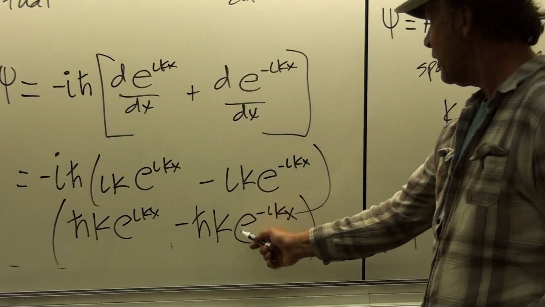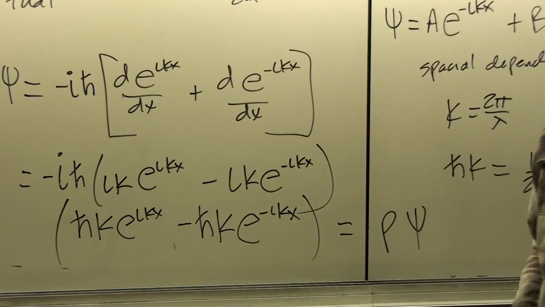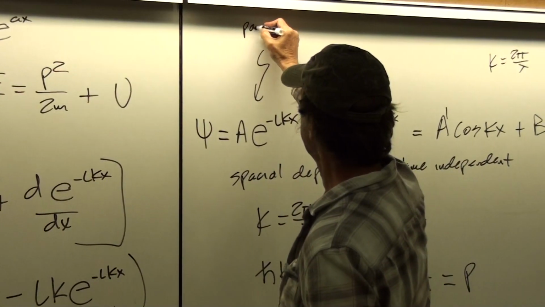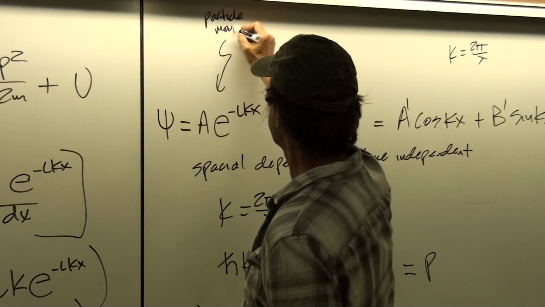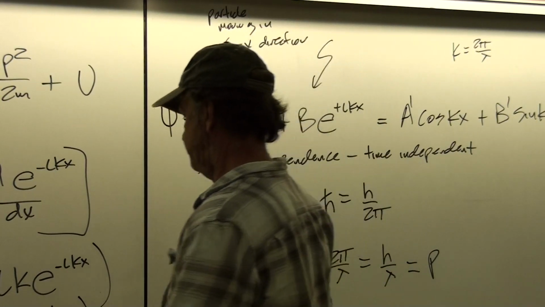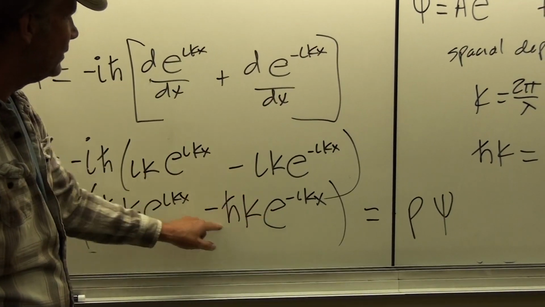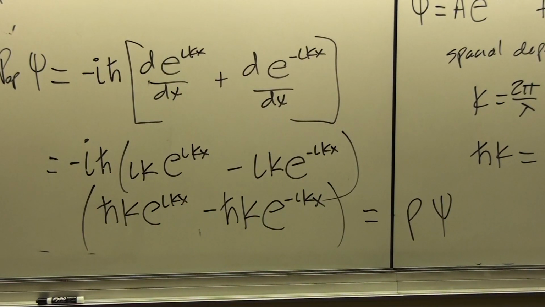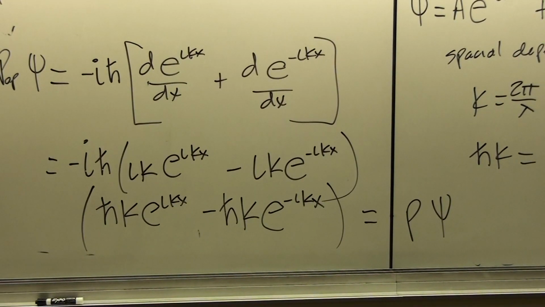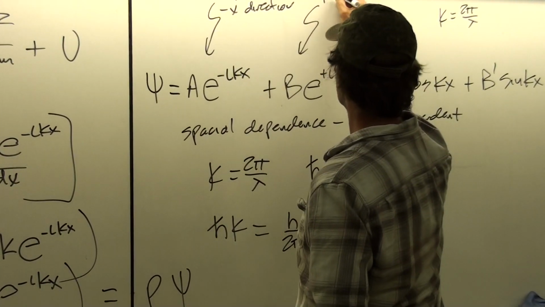Because this particle is going to correspond to motion in the negative direction, this corresponds then to a particle moving in the minus x direction. And so by defining the positive direction to be to the right, this is going to be the momentum of that part of the particle which is moving in the opposite direction. And then this is going to represent then a particle moving in the positive x direction.